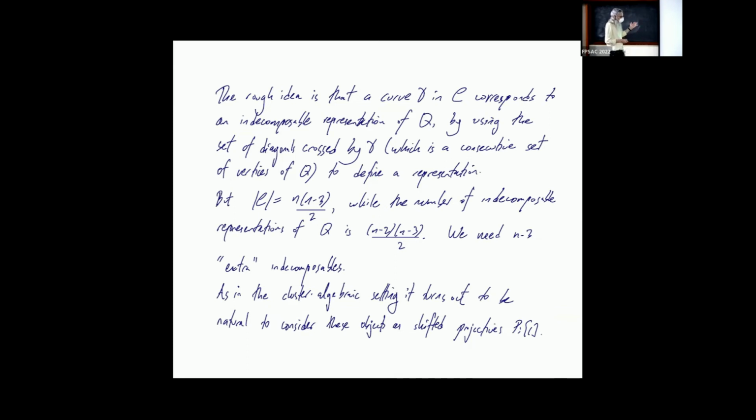So for us today, we're just going to think that there are some extra formal objects, and I'm really going to blur the distinction between them and the regular modules. But the point is that once we sneakily add these extra representation theoretic objects, then we have a perfect correspondence between curves on the surface and modules, where among my modules I'm including these extra guys.